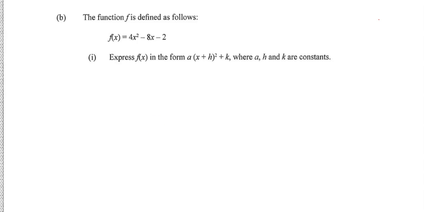So we need to make these two functions equal. So we have 4x squared minus 8x minus 2. We want to express it in the form that is identical to a into x plus h all squared plus k.